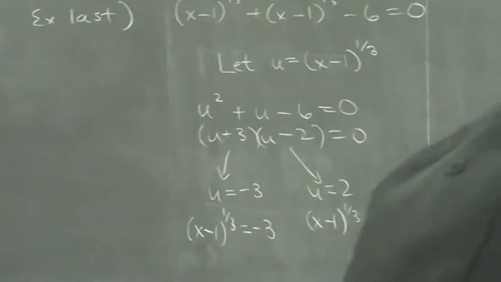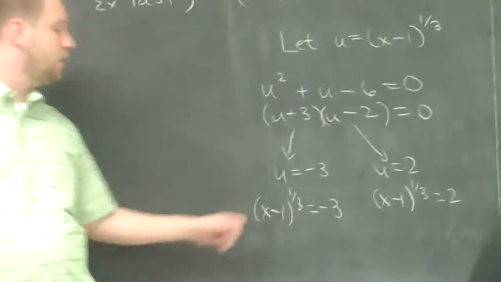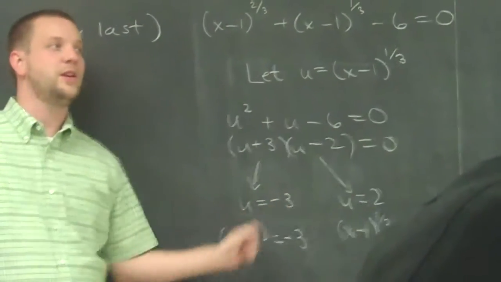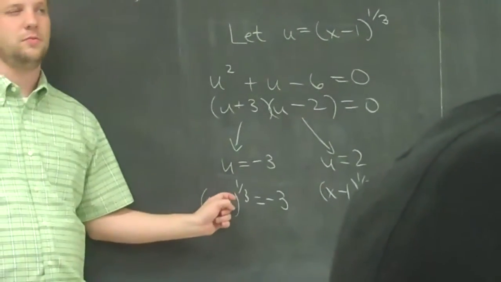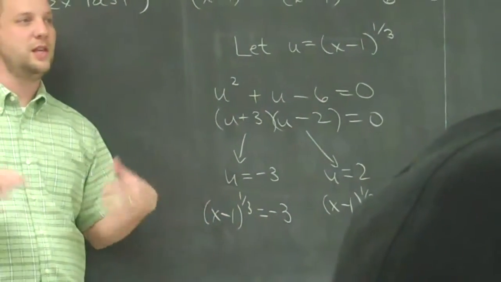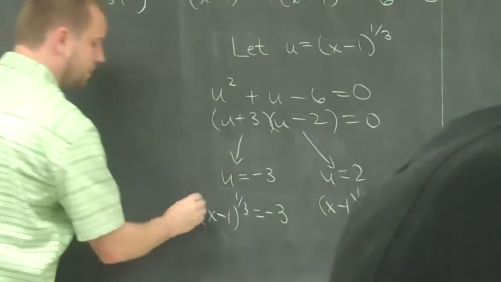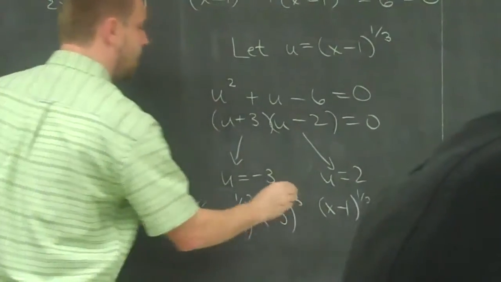When I raise it to the 1/3 power, in either case, I'm really taking the cube root. So what cancels a cube root? Raising both sides to the 3rd power, cubing it. So I cube that side, I cube that side.